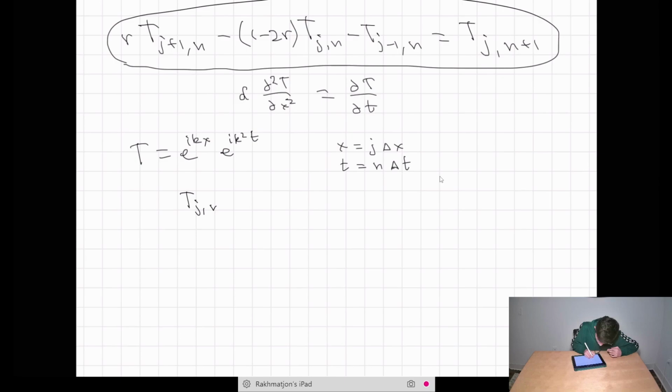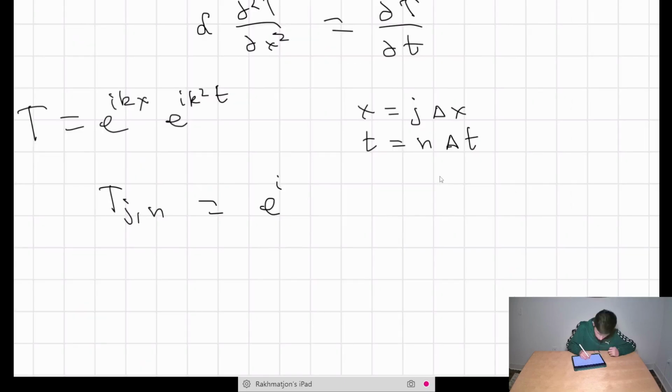That's going to be e to the i k x, where i is the square root of -1, the imaginary number, and k is a constant here, and x is going to be j times delta x, and e to the i k squared n times delta t.